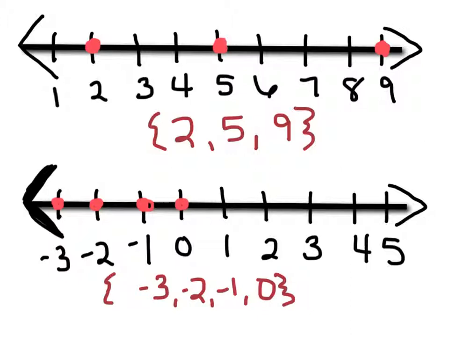And our bold arrow is on the left side of the number line, which means then we need to put our ellipses on the left-hand side. This tells us that we are including in our list all the numbers in our list plus the numbers that are smaller, which that's what the bold arrow means also.